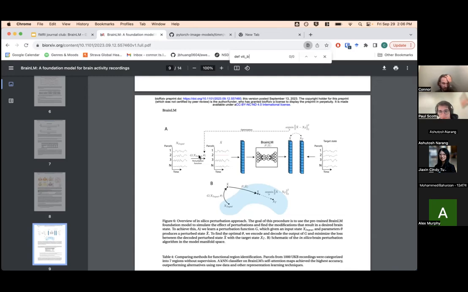My question with this is, if you just look at this setup, you have some input sequence, you optimize over the perturbation to get an intermediate sequence, you pass it through the BrainLM, and the optimization is designed to make the BrainLM output similar to the target.